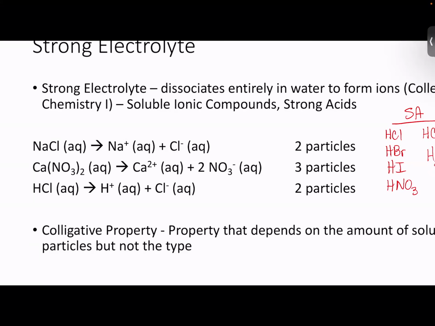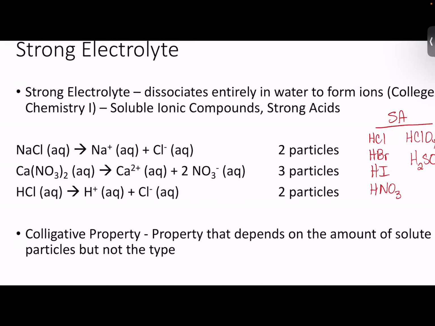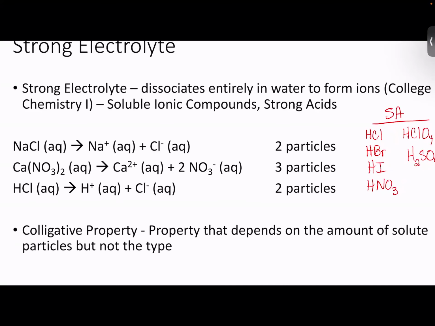Now, if we go back to one of the first definitions I gave you today, colligative property: it's a property that depends on the amount of solute particles, but not type. Sodium chloride, because it is in solution, is sodium ion and chloride ion. It means that there are actually 2 particles in solution.